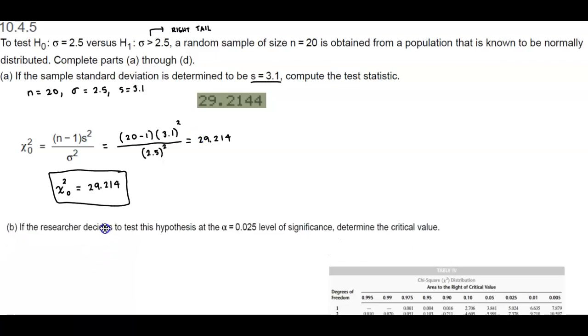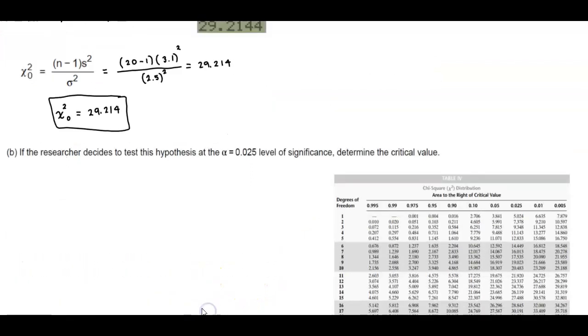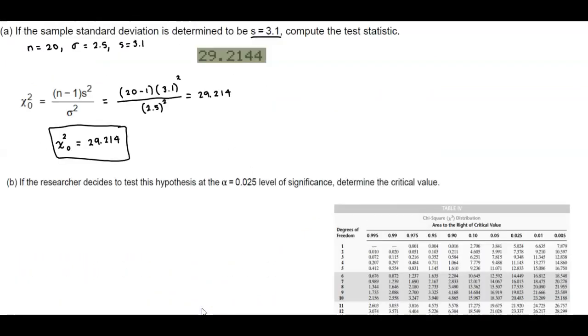Now in part B, if the researcher decides to test this hypothesis at the alpha equals 0.025 level of significance, determine the critical value. First, we need the degrees of freedom, which is the sample size minus 1.